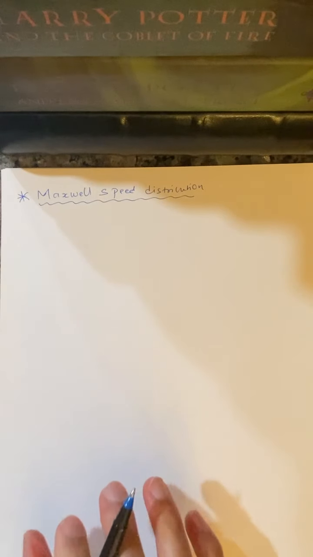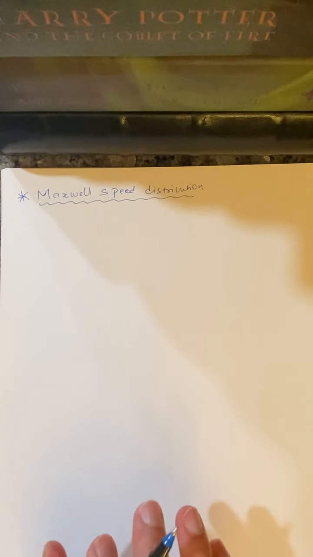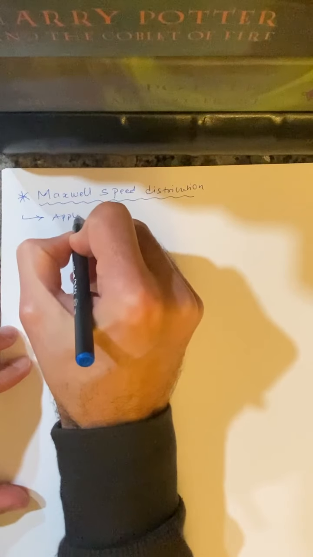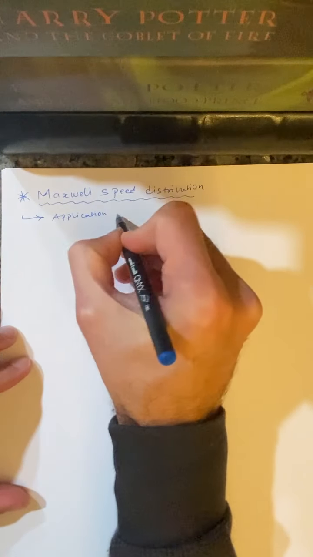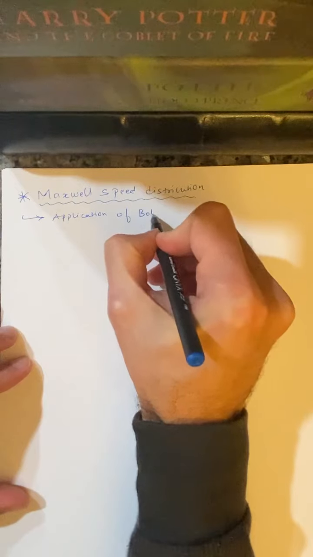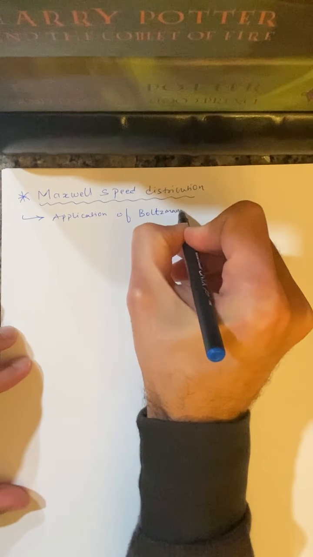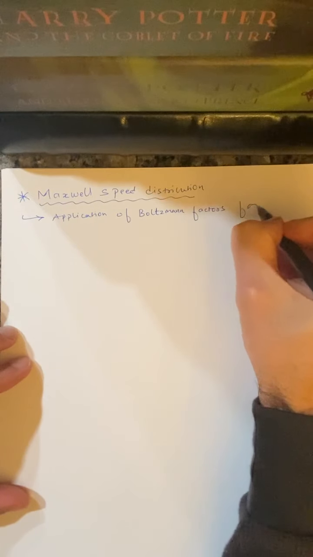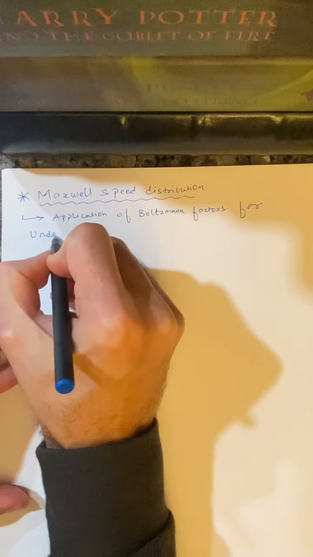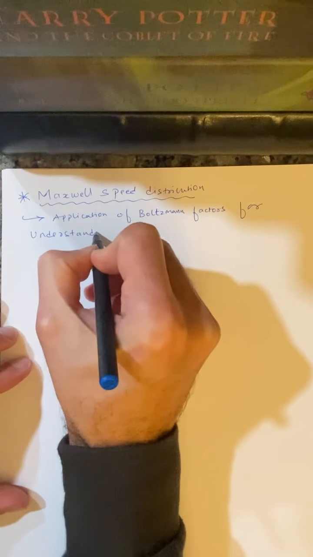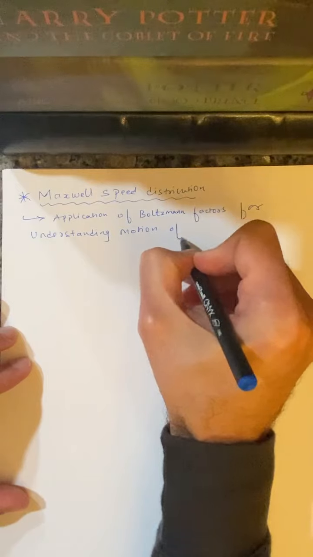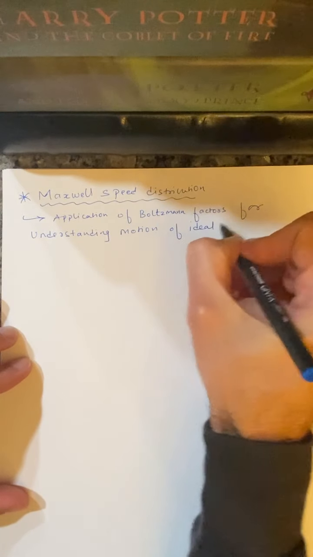And what is the goal? Our goal is, think about this as an application of the Boltzmann factor. We are going to use that: an application of Boltzmann factors for understanding the motion of ideal gas molecules.